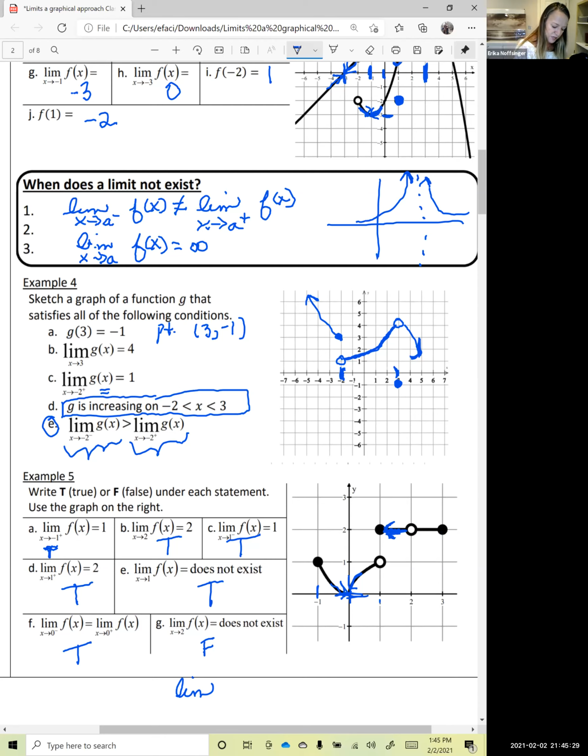Or if there had been some jump up here where it was like this, and this piece wasn't here, then the left and the right would be coming to different numbers, so it wouldn't exist. But because they're coming to the same y value as x is approaching 2, even though it's not there, it exists and it is 2. So only the last one was the false.